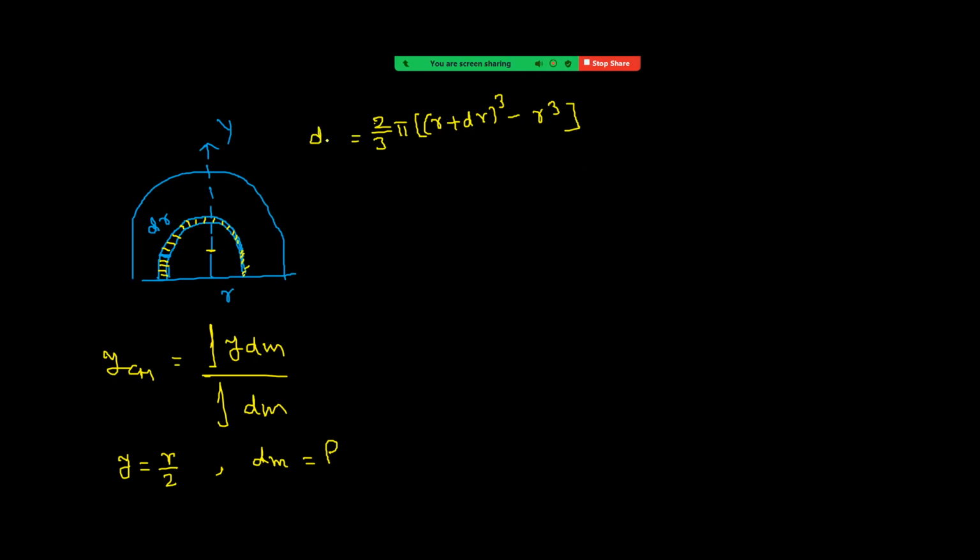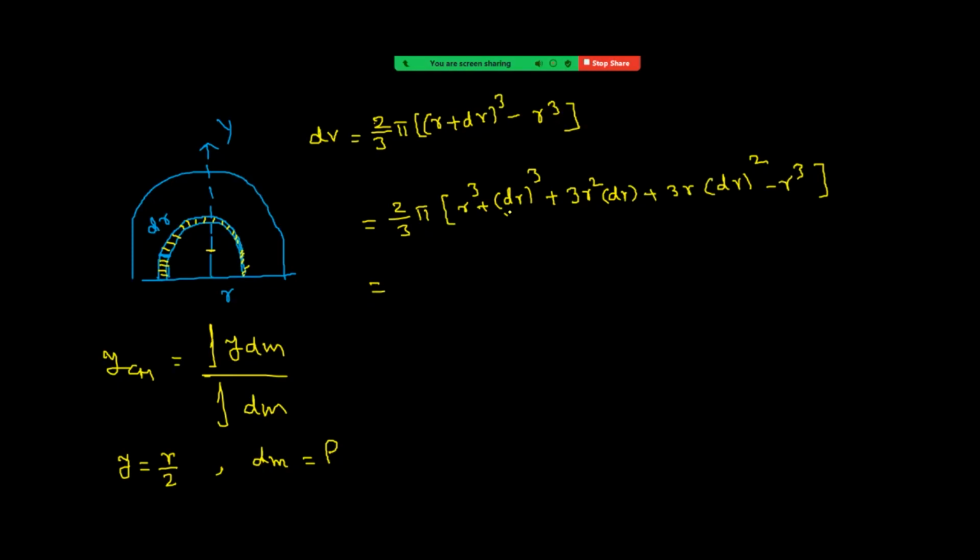This is now dV. That is equal to 2 by 3 pi, expand this: r cube plus 3r square dr plus 3r dr square plus dr cube, minus r cube.